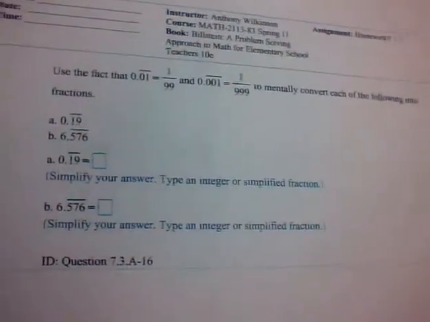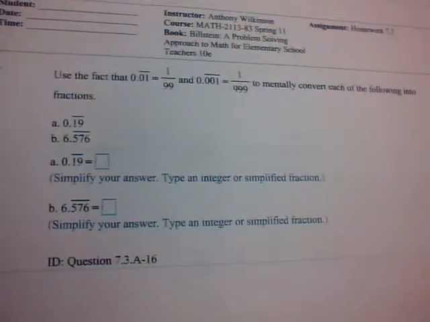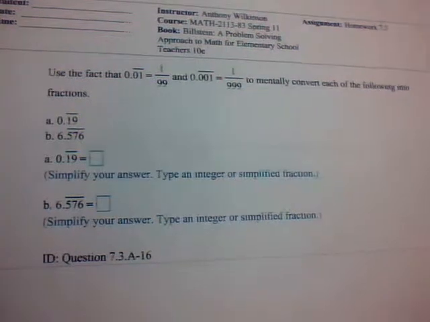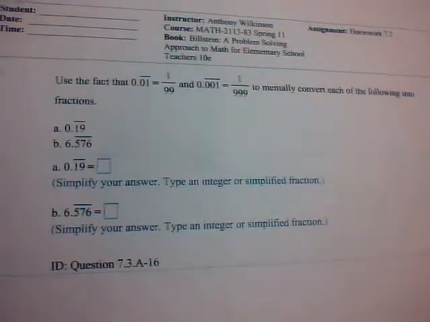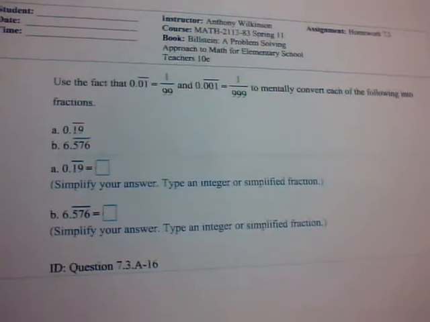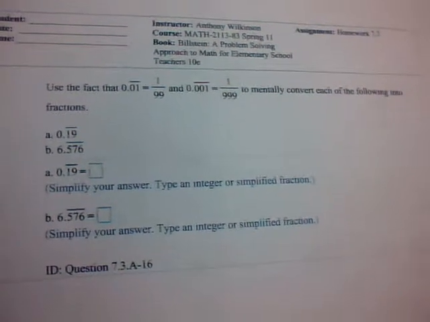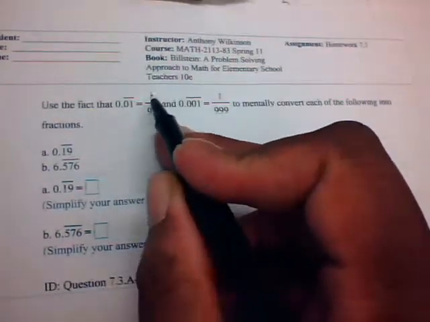All right, number 6. We're going to use the fact that 0.01 repeating is 1 over 99 and 0.001 repeating is 1 over 999 to mentally convert each of the following into fractions, like 0.19 repeating. So here there are 2 digits repeating, so we need to use the fact that 0.01 repeating is 1 over 99.